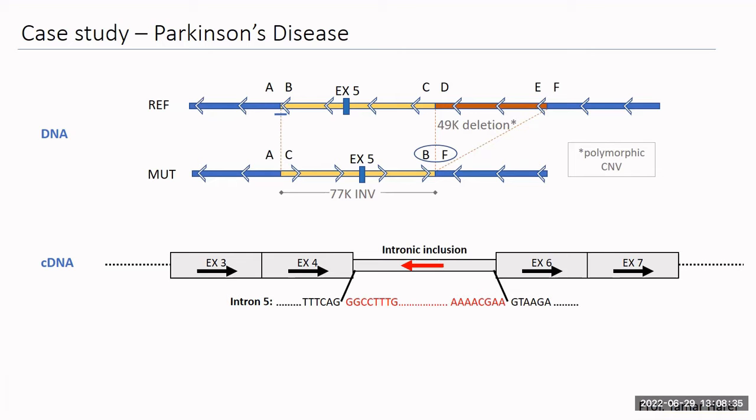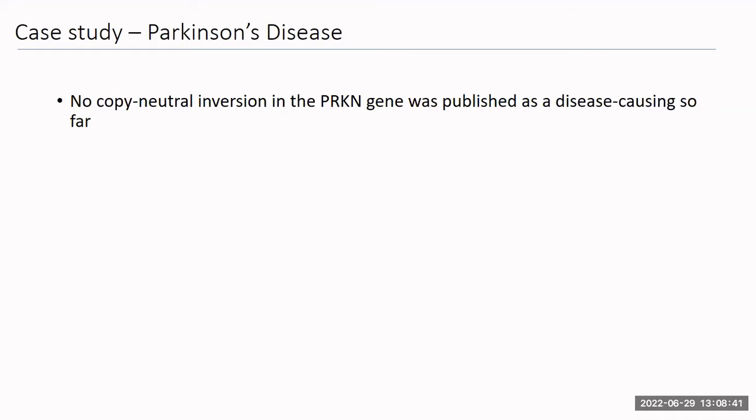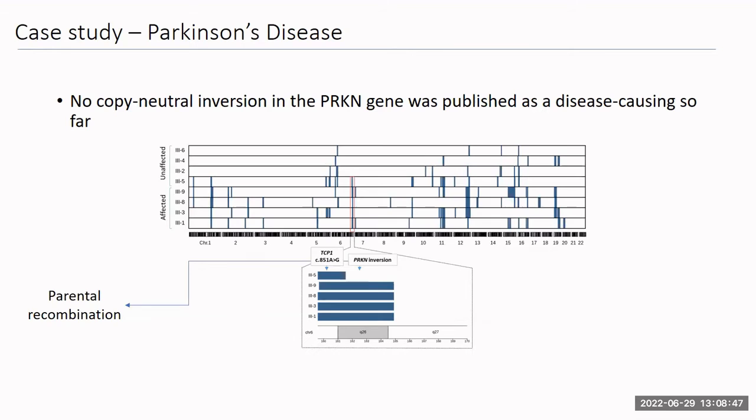This work was conducted in a collaboration with Professor Tamar Harel and Dr. David Kadir. And up until now, no copy neutral inversion in the Parkin gene was published as disease causing.